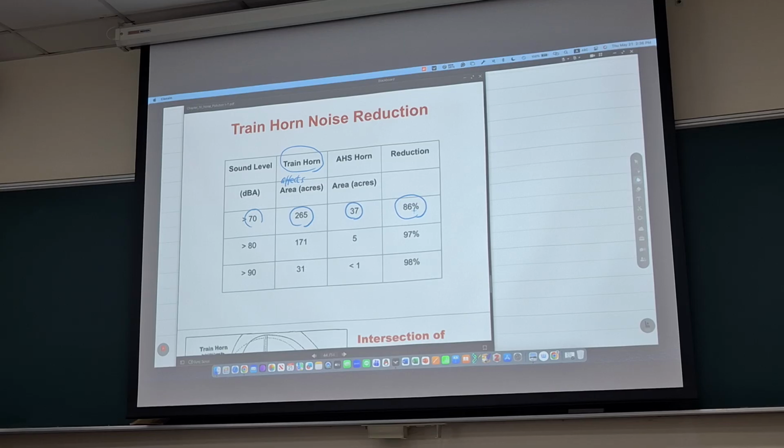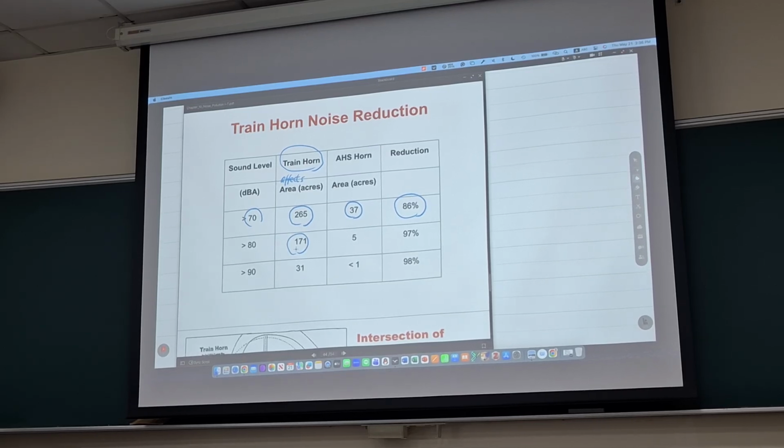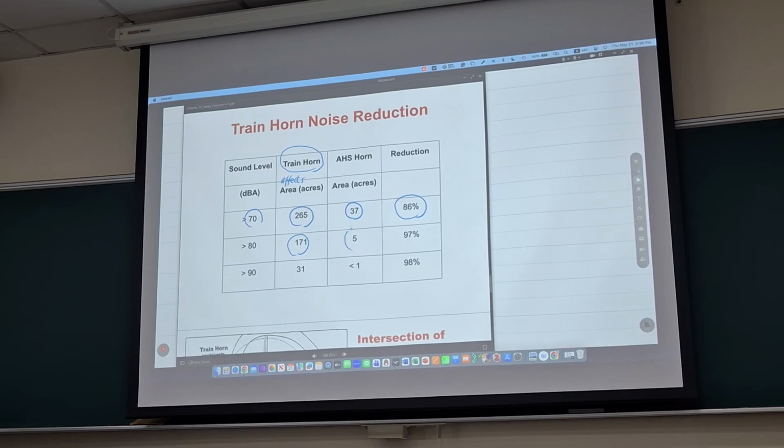Okay? So for the noise above 80 dBA, okay, the train horn affects 171 acres. But AHS horns just affect 5. So it reduces 97%.